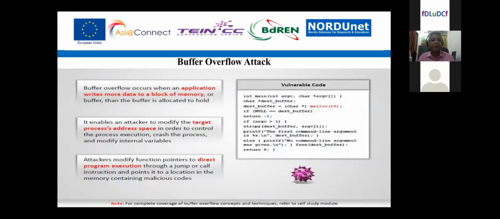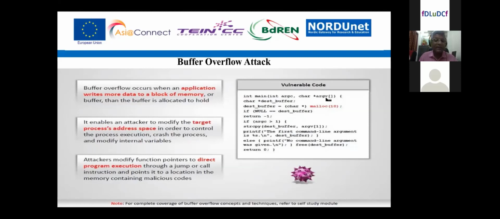With a buffer overflow attack, when an application is written, you allocate a block of memory as a buffer to hold information, and the attacker's target is that information. For example, in this script, if you have a buffer of 10 characters, the attacker can know this is vulnerable if they know the size of the buffer.